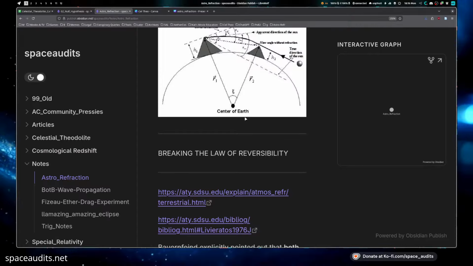So that's how you get the total amount there. And then once the apparent position goes into the negative coordinates, that's when it would be considered actually occluded by geometric Earth curve.